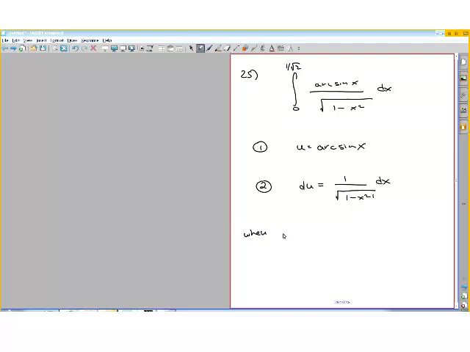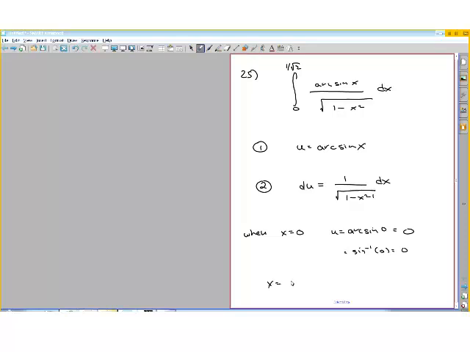So when we make the substitution, let's also redefine the limits. When x equals 0, u equals the arc sine of 0, which is equal to 0. It's the same as the inverse sine of 0. If you plug that into your calculator, you get 0.